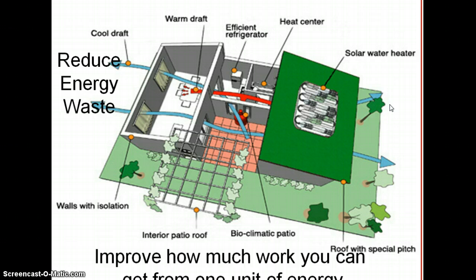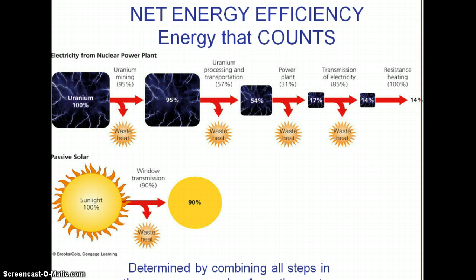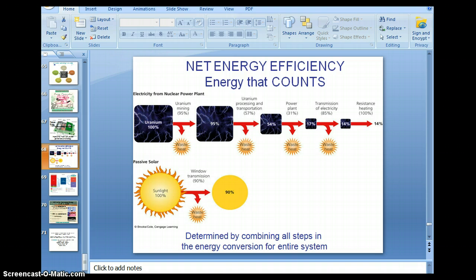Reducing energy waste is improving efficiency, because you don't want it to leak out, and you want to improve how much work you can get from one unit of energy. So look at net energy efficiency. If you take uranium, this is what I was telling you before, and you look at the whole process, it's 14% efficient.